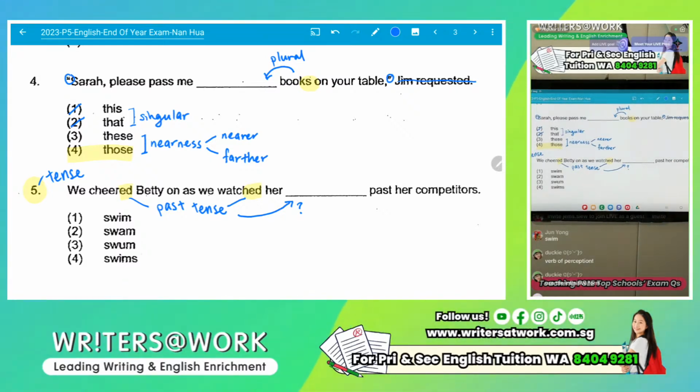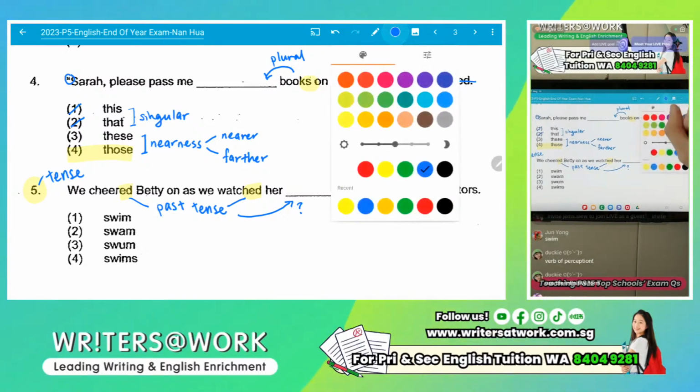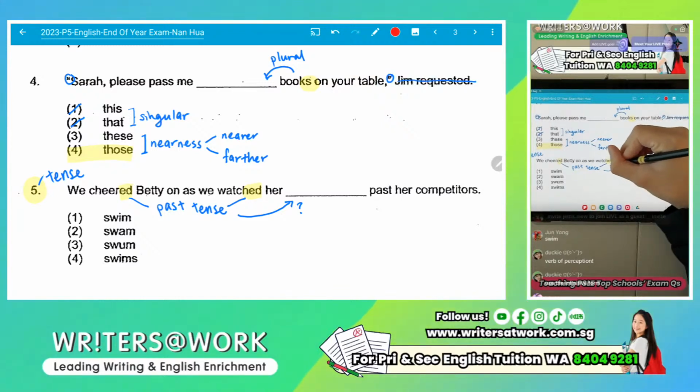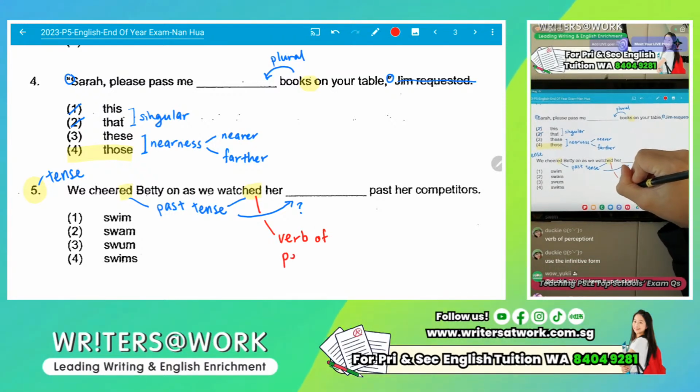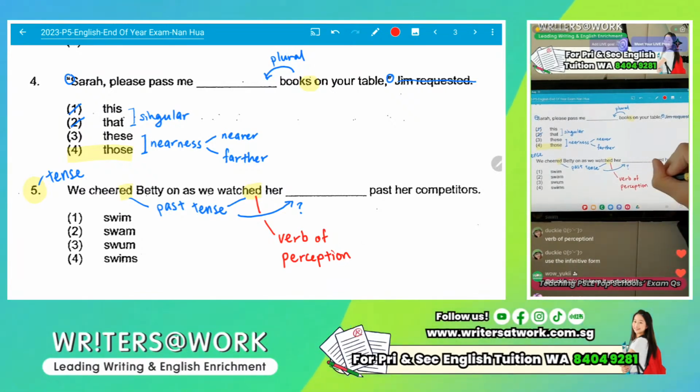Let's take a look at the second verb we have over here, watched. Okay, use a different ink. I don't want to cross paths here. Watched is known as a verb of perception. Okay, right, this sounds like a pretty scary term, verb of perception. Well, I've never seen this before. What does this mean? Okay, verb of perception refers to verbs that relate to your 5 senses.